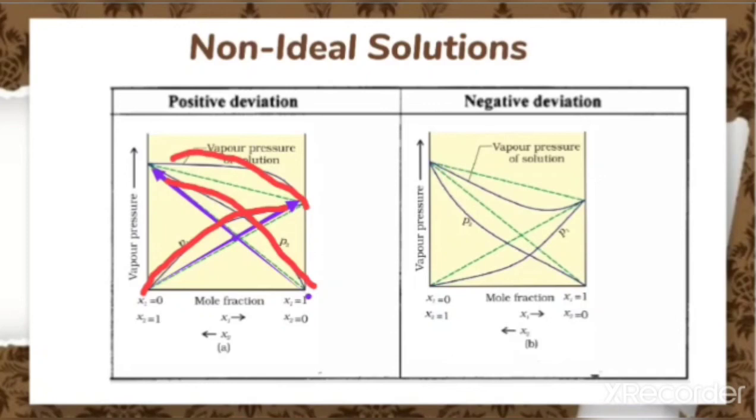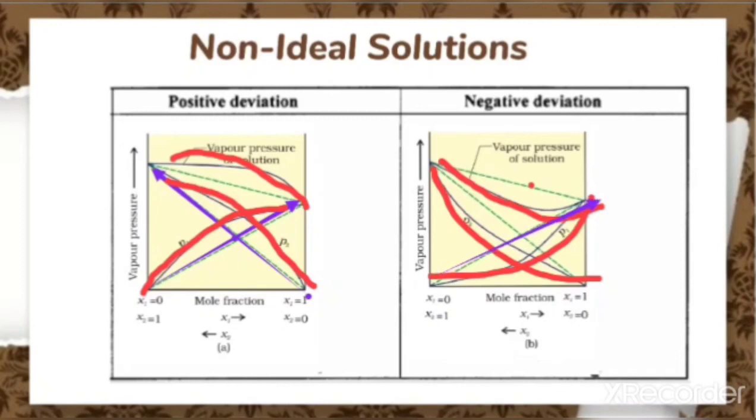But in the case of negative deviation, you can see that the plot is below the straight line. That is a negative deviation because here the vapor pressure is lower. The plot we are getting here is down in comparison to the straight line.